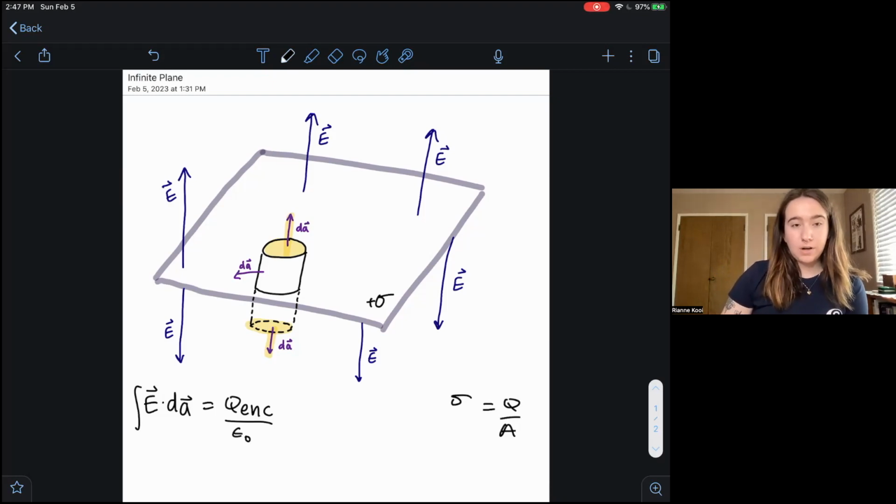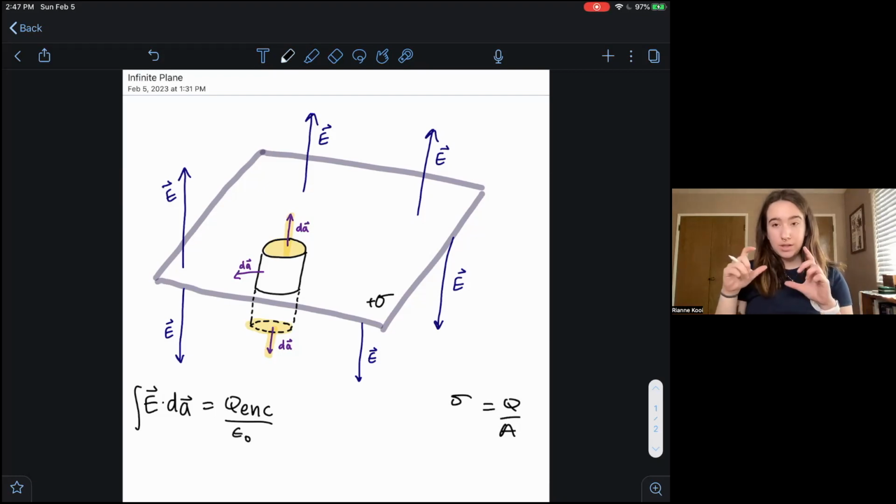So like I said before, we're primarily interested in the places where the dA vector and the E vector, our E field, are in the same direction. So that's 2 places in this case, which is the top, which I'll call 1, and then down here, which I'll call 3, and let's say that the circular outer region is region 2. So just by looking at region 2, we know that it's going to be 0.